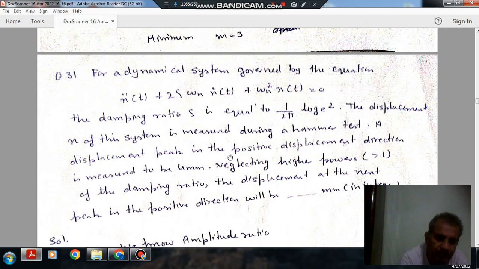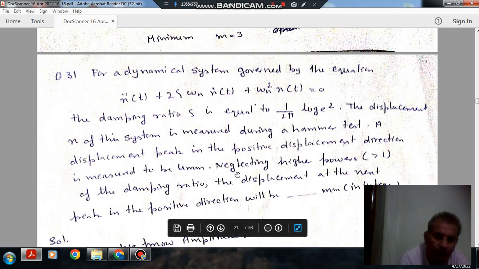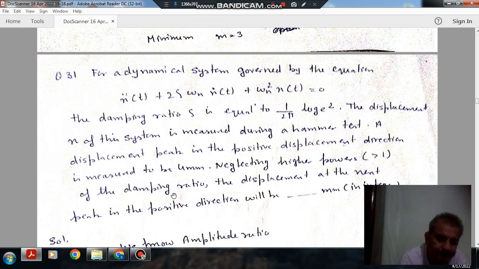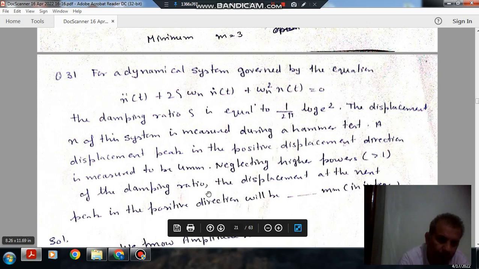A displacement peak in the positive displacement direction is measured to be 4 mm. Neglecting powers of damping ratio greater than 1, the displacement of the next peak in the positive direction will be dash mm, in integer.